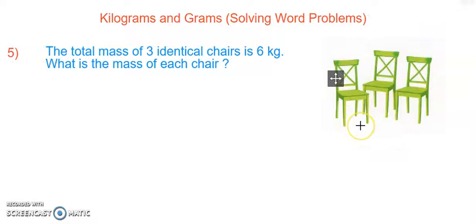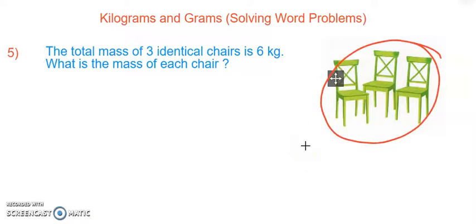Everything is similar. So 1, 2, 3 chairs, 3 equal or similar chairs. And the total mass of these 3 chairs is 6 kilograms. We need to know the mass of every chair or each chair.